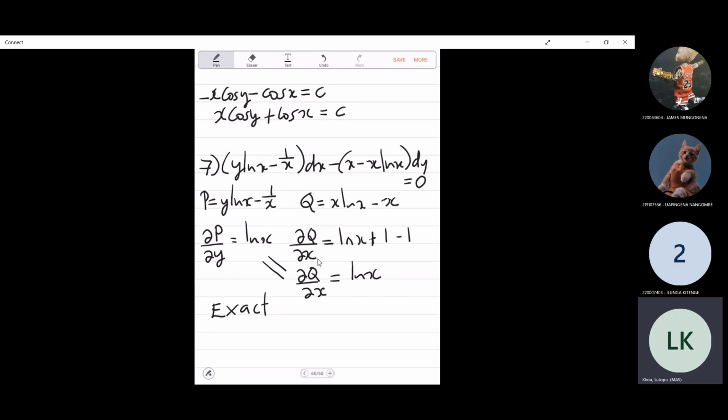So now that we know that it is exact, we can proceed the way we always do. Okay, so here what I'm going to do is I look at these two, P and Q. If I want to integrate this with respect to x, I'm going to have to integrate ln of x with respect to x, and to do that I must use by parts.